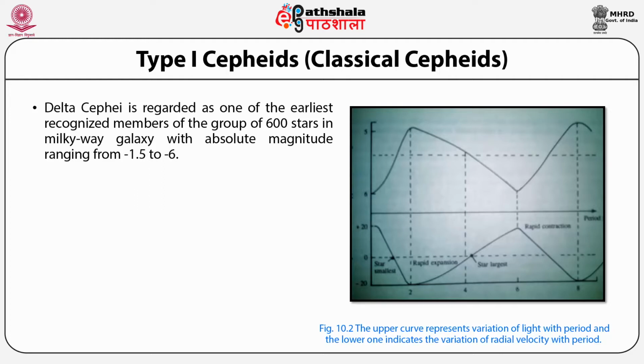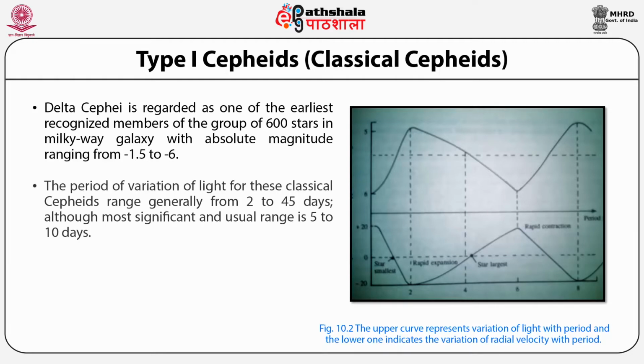Some of the brightest known stars among these are Polaris, Delta Cephei, Eta Aquilae, Zeta Geminorum, and Beta Doradus. The period of variation of light for these classical Cepheids ranges generally from 2 to 45 days, although the most significant and usual range is 5 to 10 days.